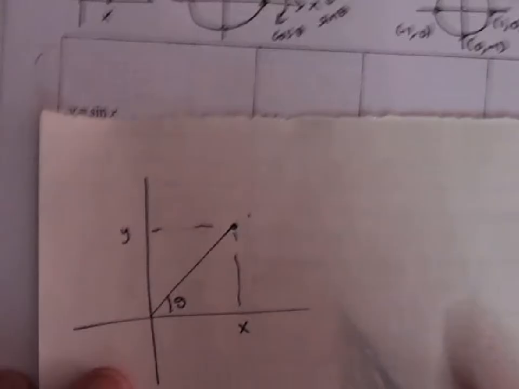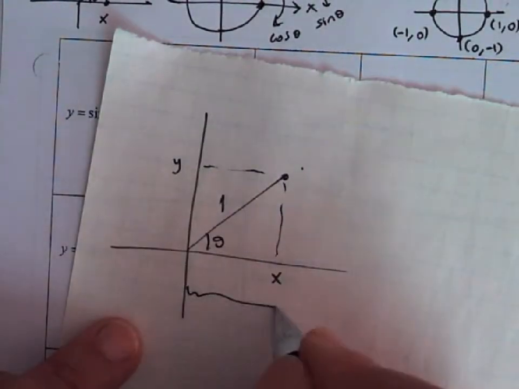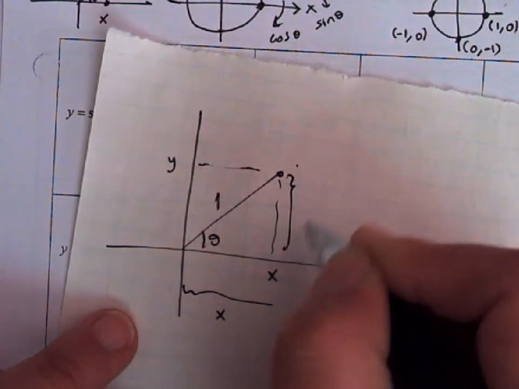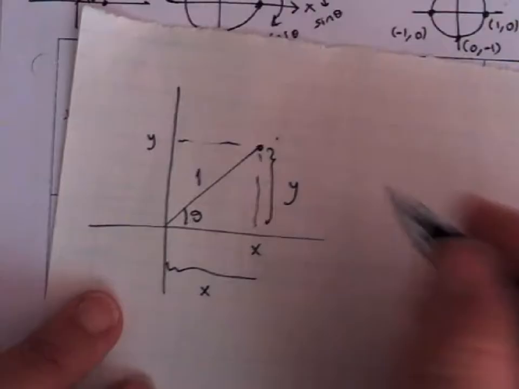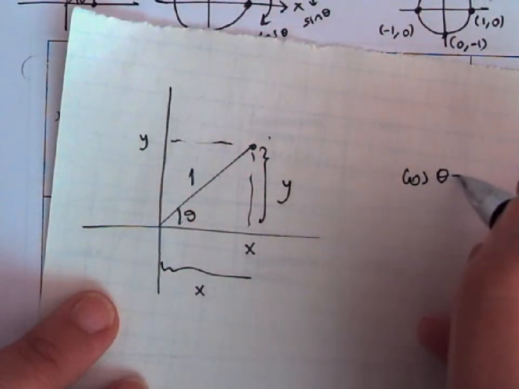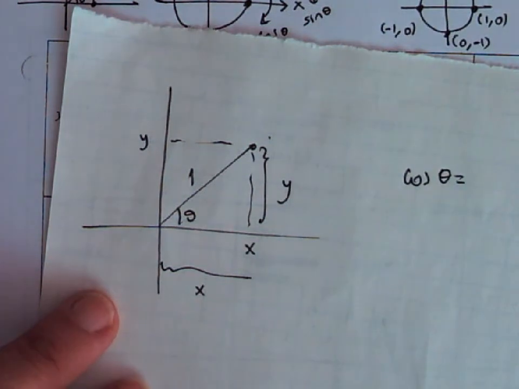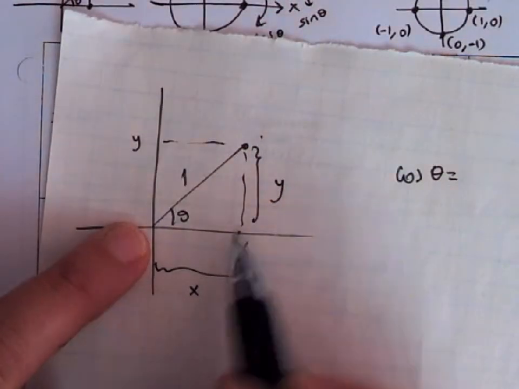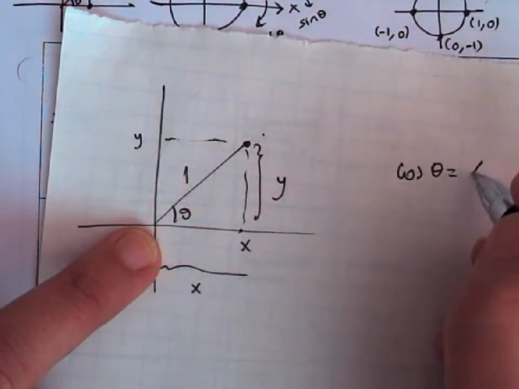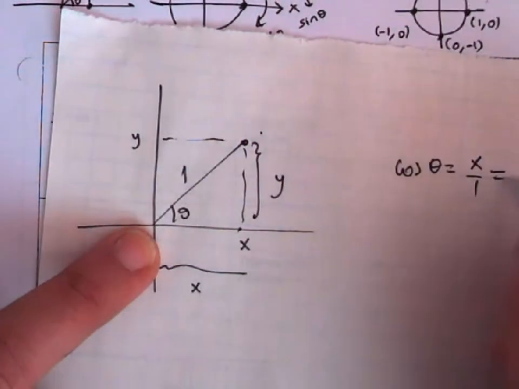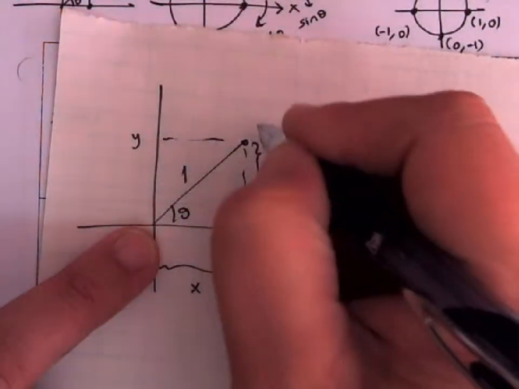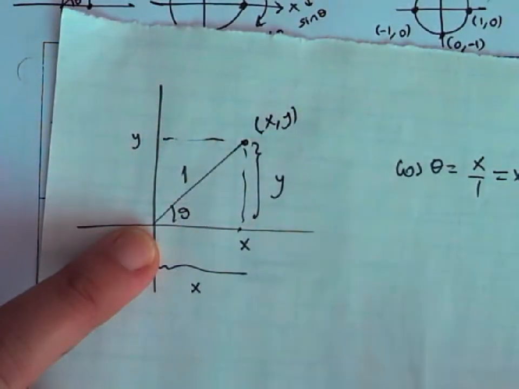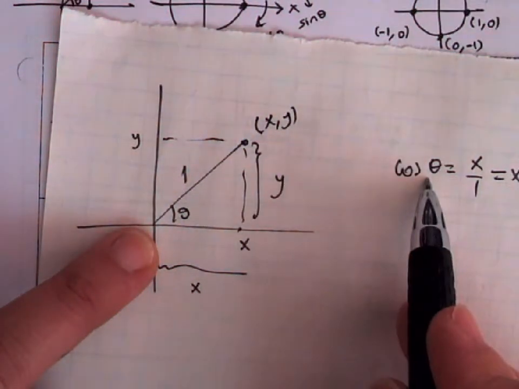This side is x and this side is y. If you write cos theta, what is cos? Adjacent over hypotenuse. What is adjacent? x. What is hypotenuse? 1. x over 1 gives you x. The coordinates of that point are x and y, so now we prove that cos theta is x.